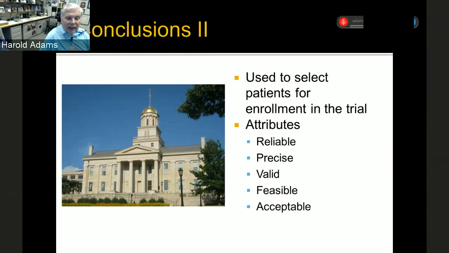These scales will be used to select patients for enrollment in the trial. You want a scale that is reliable, precise, valid, feasible and acceptable.